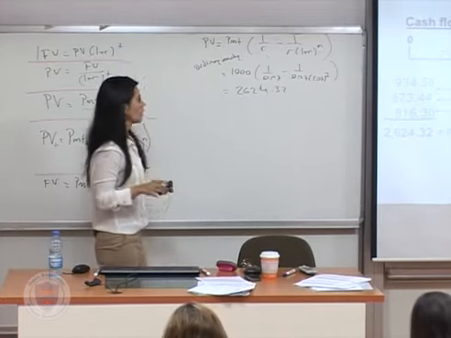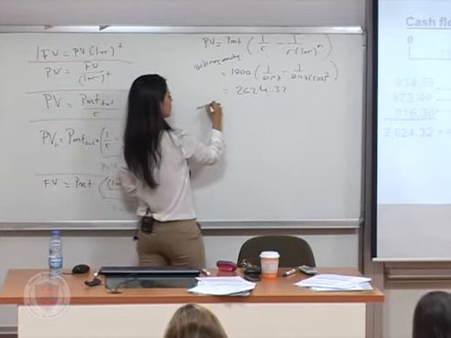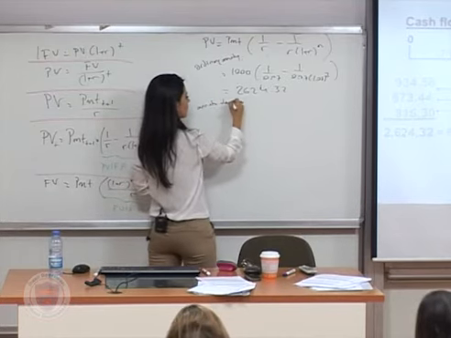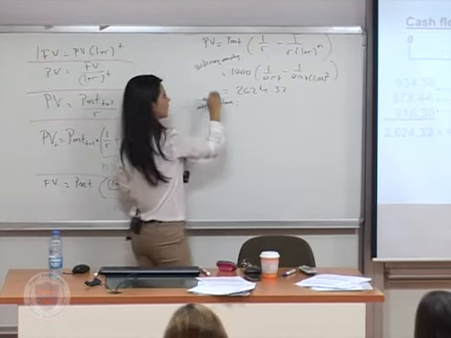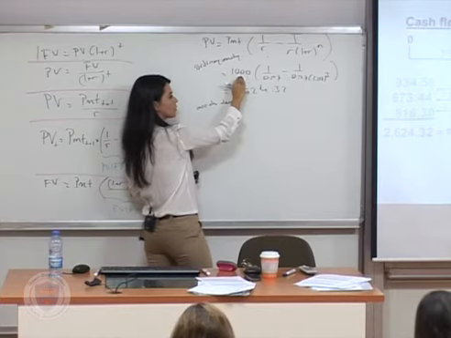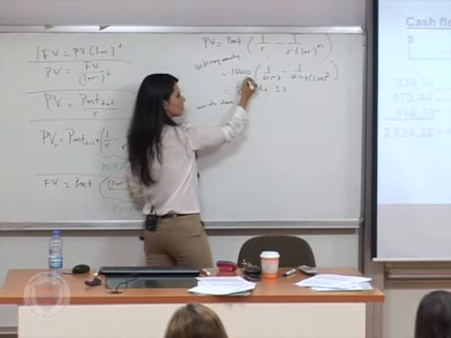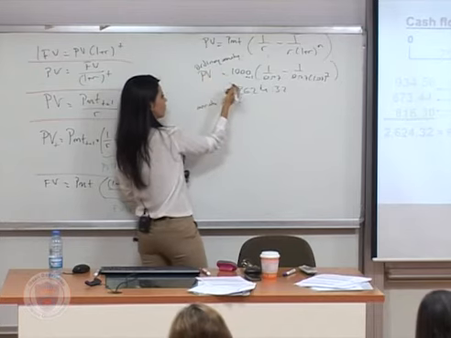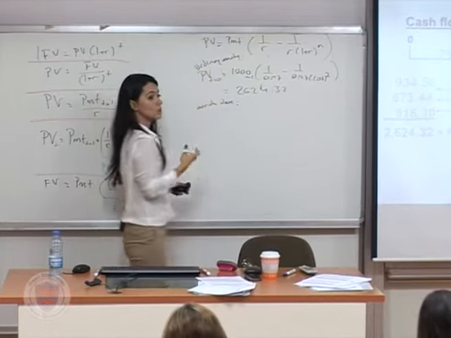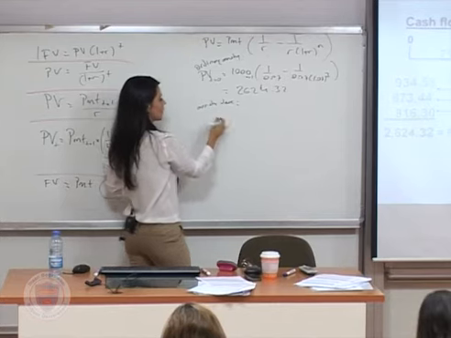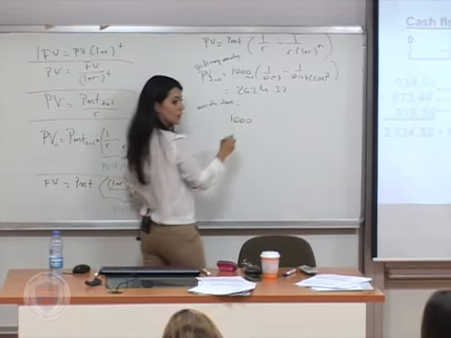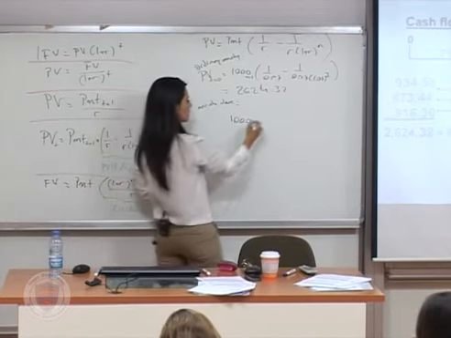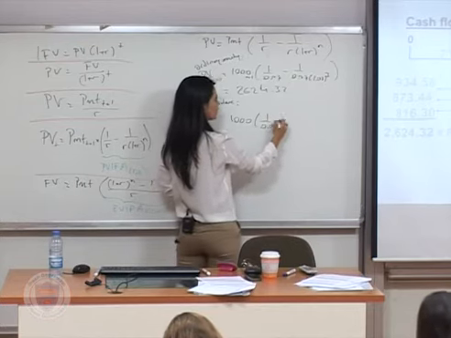Nothing new here. If it was an annuity due, then I need to be careful. In the ordinary annuity, the first payment occurs at time 1. So this formula gave me the value of this annuity at time 0. This time, my first payment is occurring at time 0. Everything is the same. The timing changed.